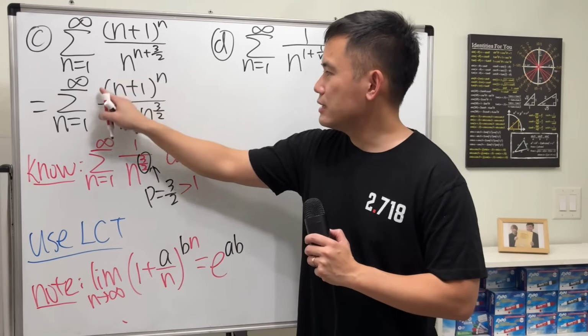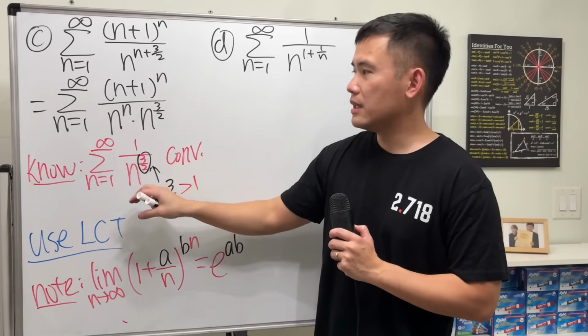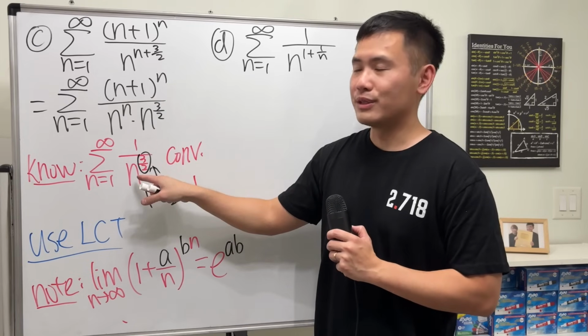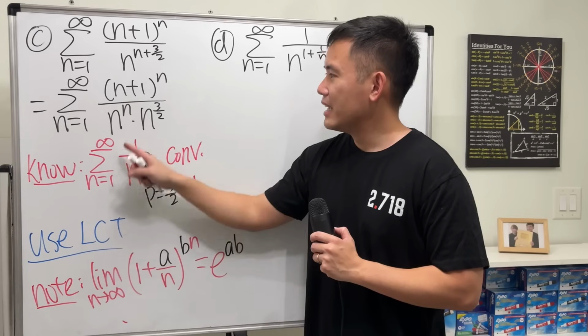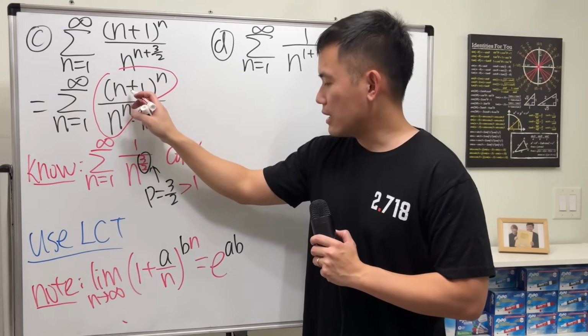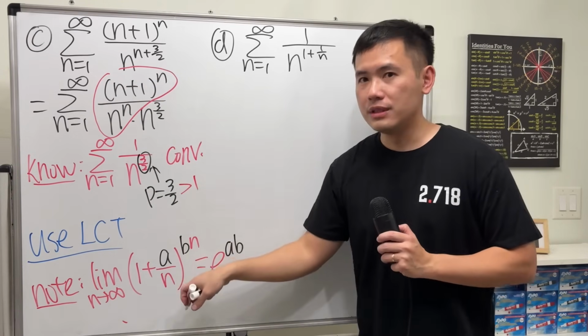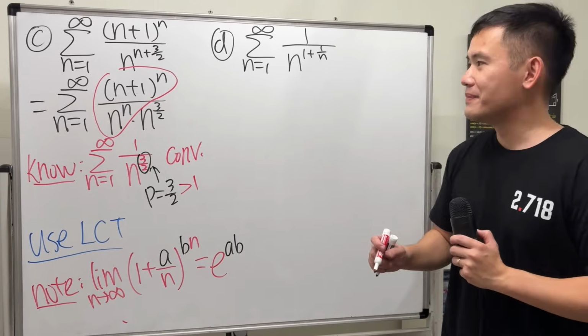So if you look at this portion, when you do the limit comparison test with this and that, they will cancel out, so you'll just be left with this, and you will take the limit. Simplify this portion right here, somehow put it in that form, and then use this formula to compute the limit, and let's see if you can draw a conclusion from there.